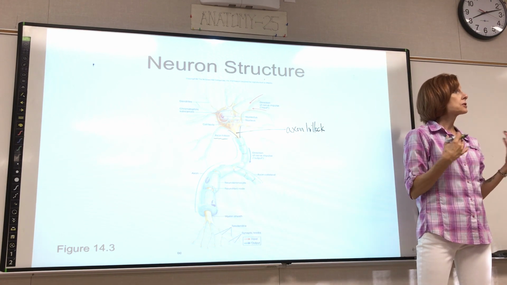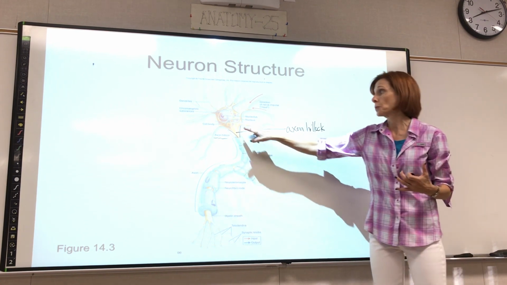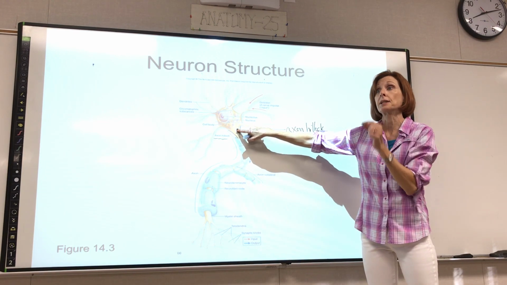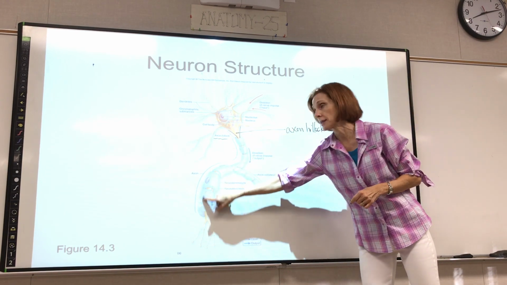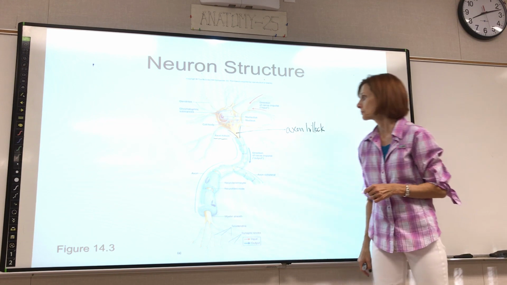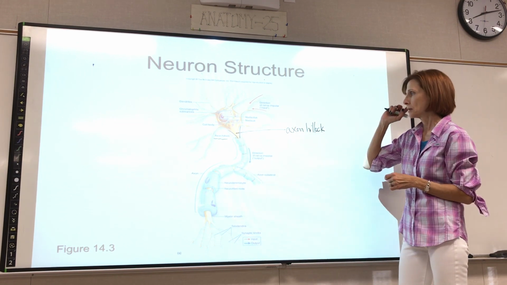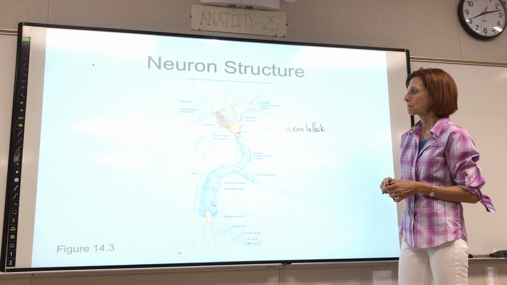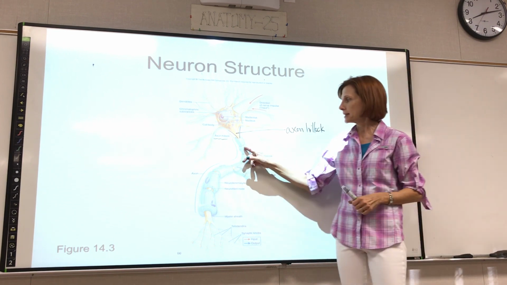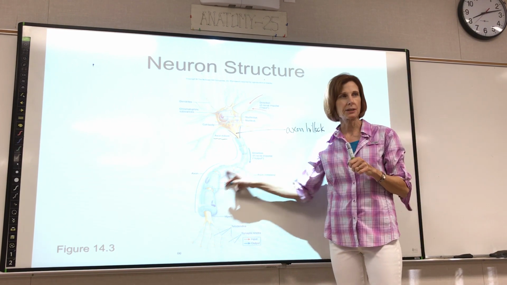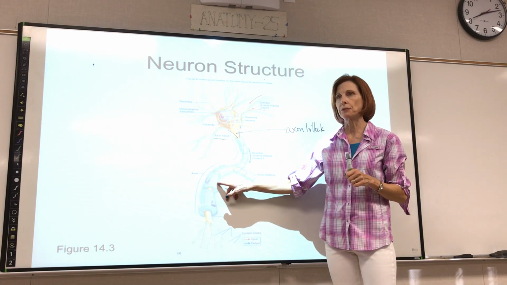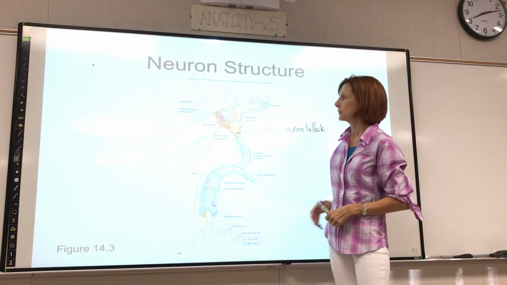So this is usually where the action potential will begin, right here at the axon hillock, and then it will travel the entire length of the axon. Okay, so the action potential begins here. And we'll come back to these things that are wrapped around the axon later. This is actually a type of neuroglial cell, so we'll talk about those later.